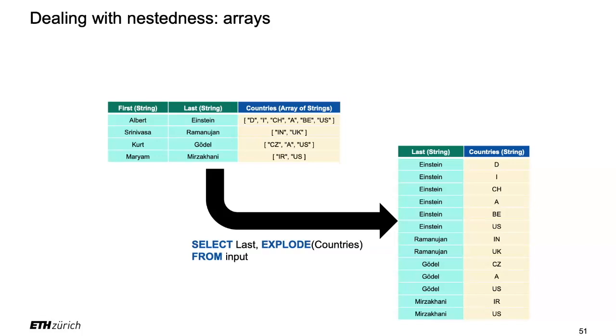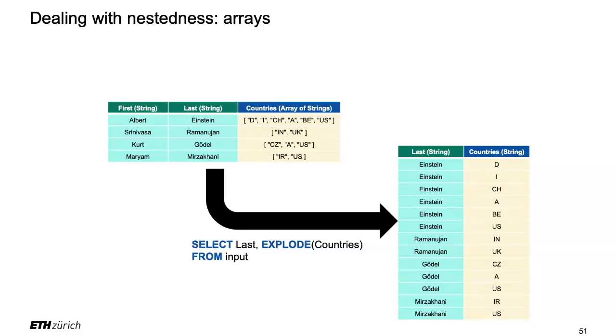Who understands this? Okay. So in that case, it looks relatively simple, because you just call explode and it's just going to work. But the difficulty here from a language design perspective is that explode is not really a function. It's not returning anything, right? Explode is just causing the table to be transformed in that way.